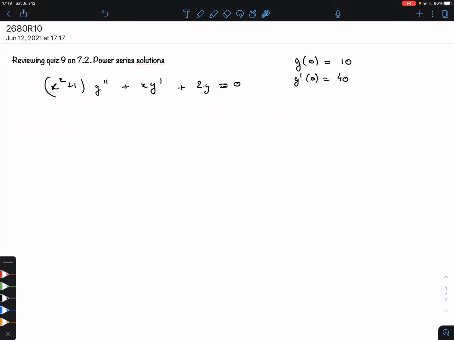Well, since these are the initial conditions, this means that the center has to be 0. So this means that the center x0 is 0, so we're looking for something of the form an x to the power n. Okay, and let's write down the derivatives, because we're going to have to plug this in.